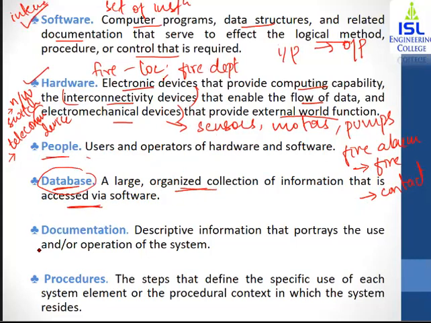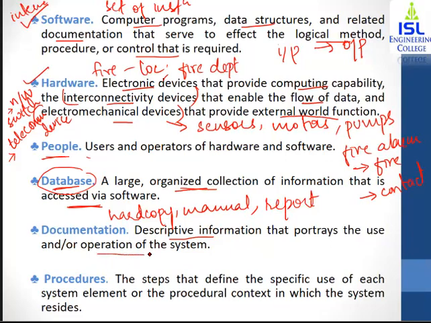The next is documentation. Documentation is descriptive information. Now, what is descriptive information? It is a hard copy, it can be a manual or a report. So these are descriptive information that portrays the use and operations of the system. Whenever you buy this fire alarm system, you're going to get a manual along with it.